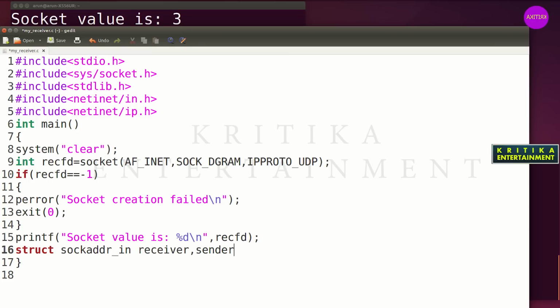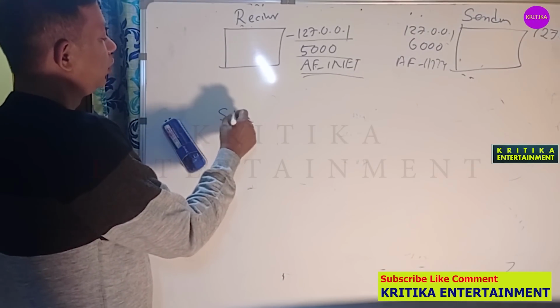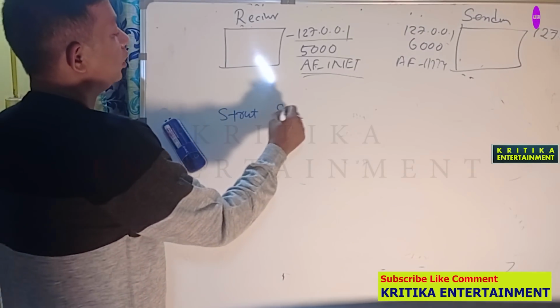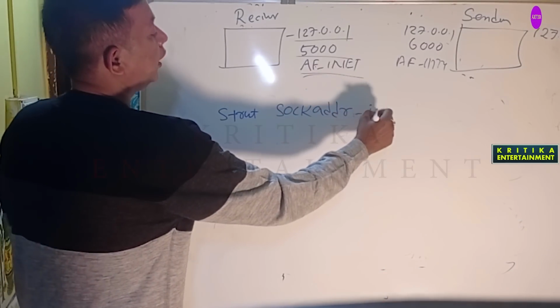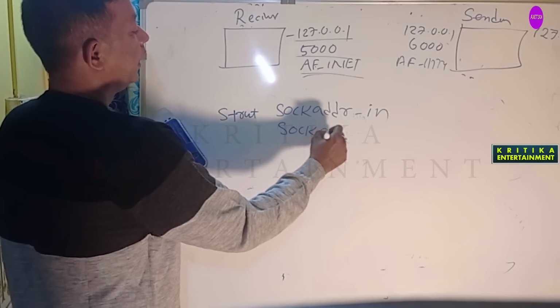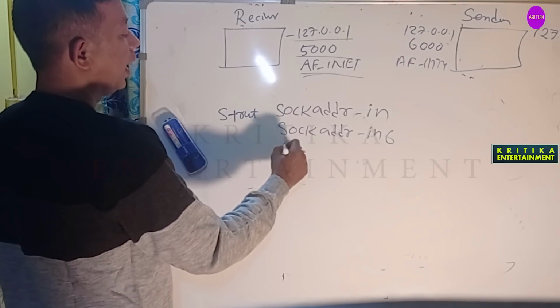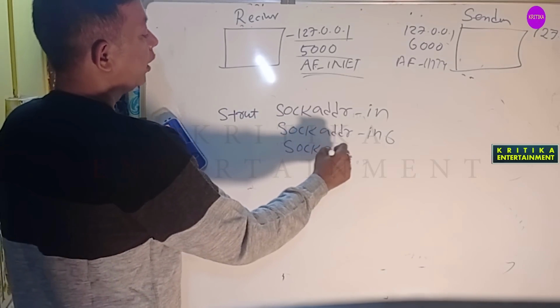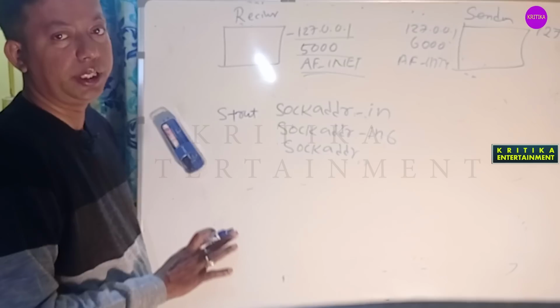I want to tell you, struct sockaddr_in is there. Another, sockaddr_in6 is there. Another is sockaddr only, this is the sockaddr.